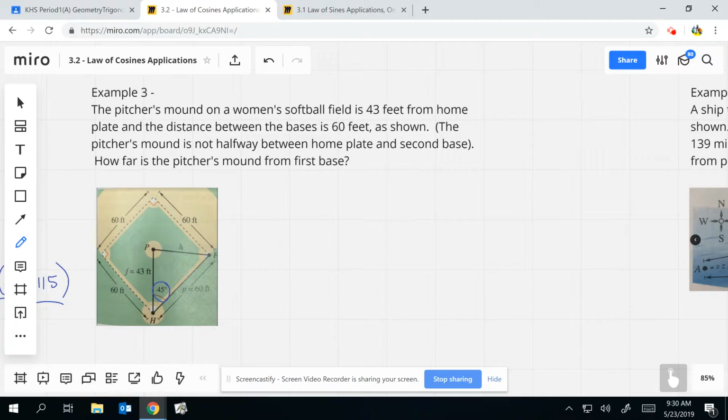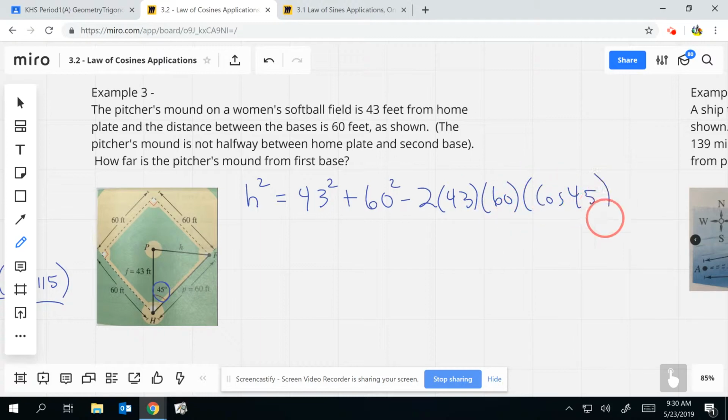So we're going to look for h. That's all we need. And h squared is going to be the 43 squared, which is like your a squared, plus your b squared, which is 60 squared, minus 2 times 43 times 60 times the cosine of 45 degrees.